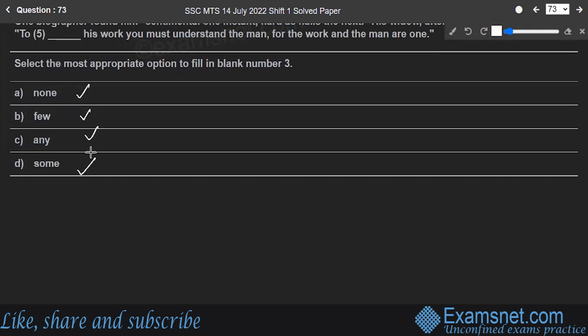So the implied meaning of the sentence is more individuals than any other playwright, with the possible exception of Shakespeare and Bernard Shaw, have read his plays in most of the main languages. So, any other is used to refer to a person or thing that is not particular or specific, but is not the one named or referred to. So, here will be any.